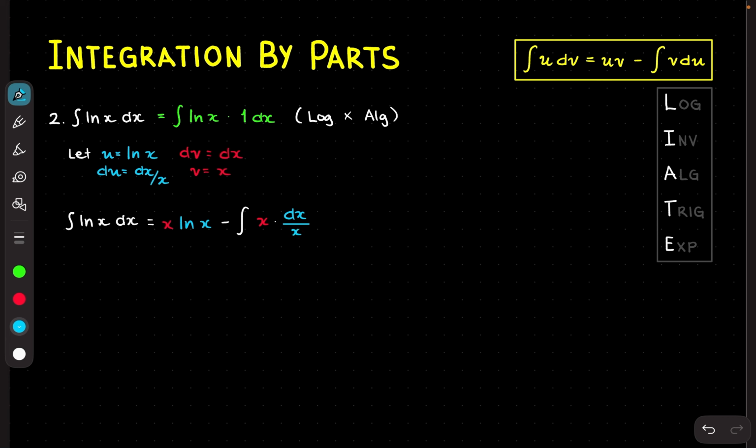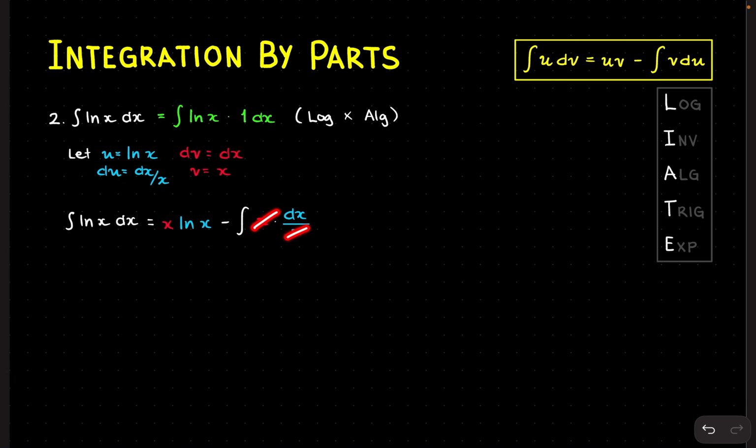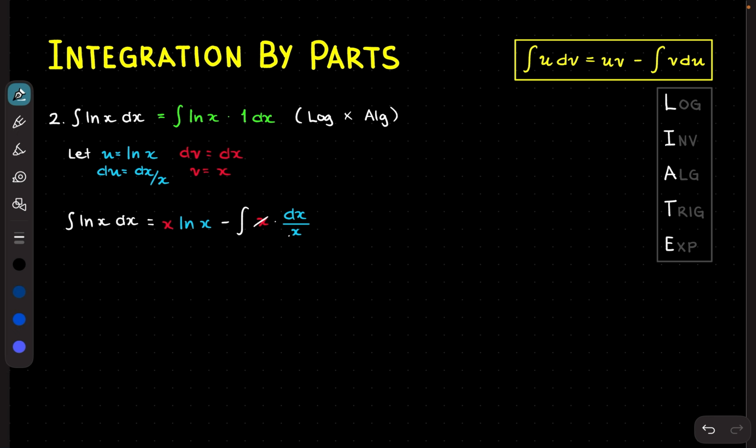There. uv minus v du. Yeah, that's it. So that is correct. And then from here, notice that since we have x's here, this one will cancel out. And so we will just be left with x ln x minus the integral of dx.